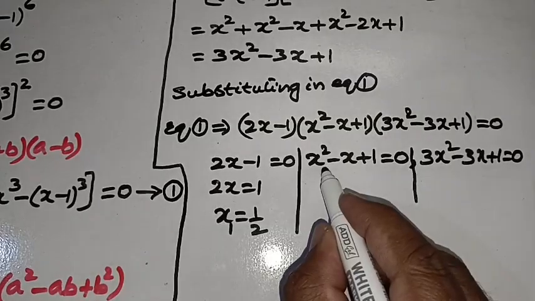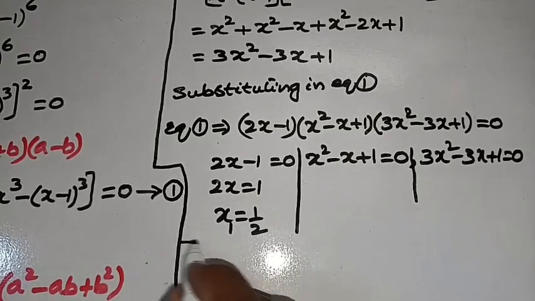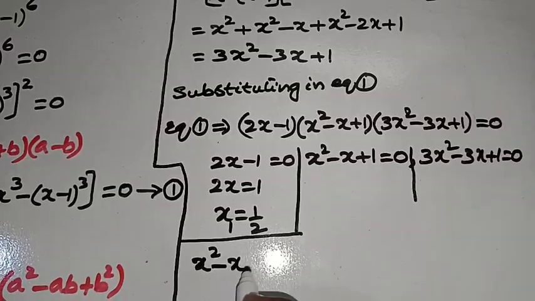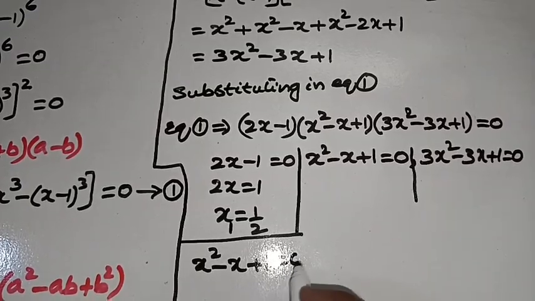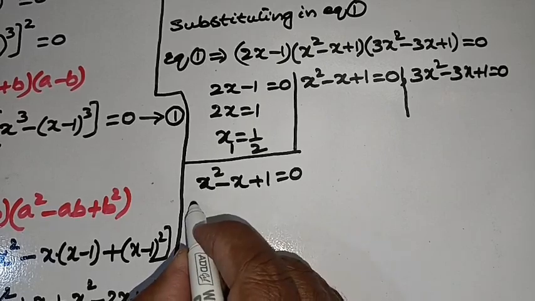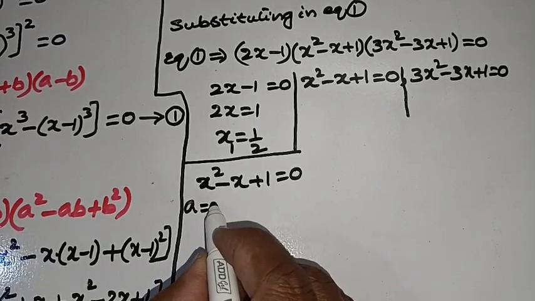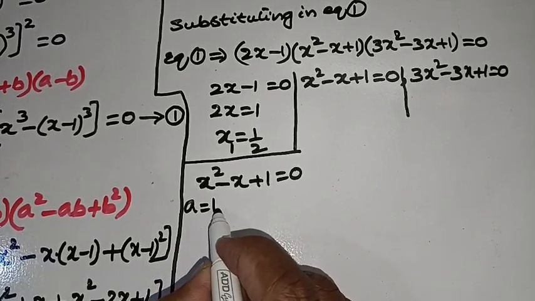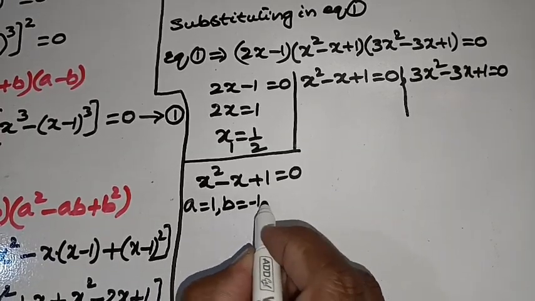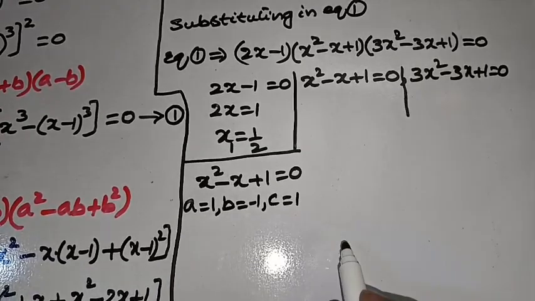So if this is 0, say x square minus x plus 1 is equal to 0. This is a quadratic equation. Comparing with the standard form of quadratic equation and comparing the coefficients, we get a is equal to 1, b is equal to minus 1, and c is equal to 1.